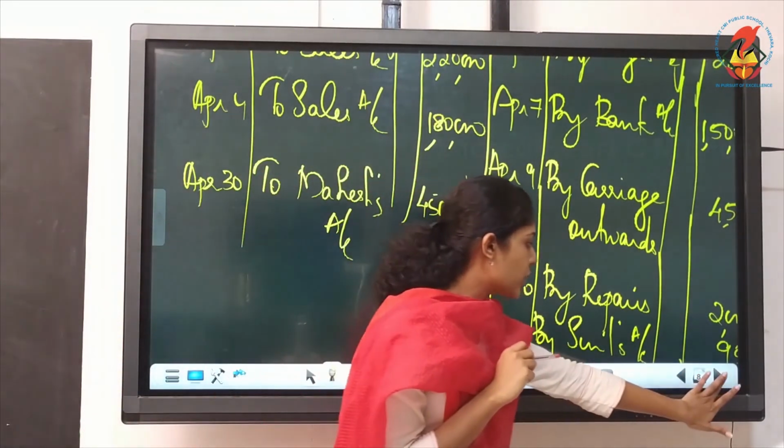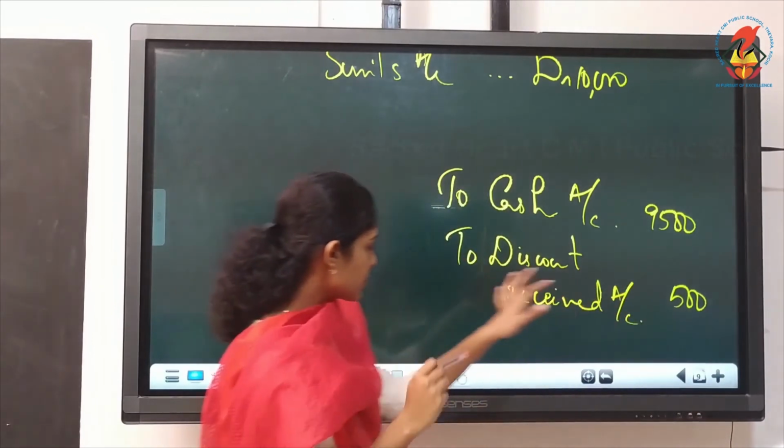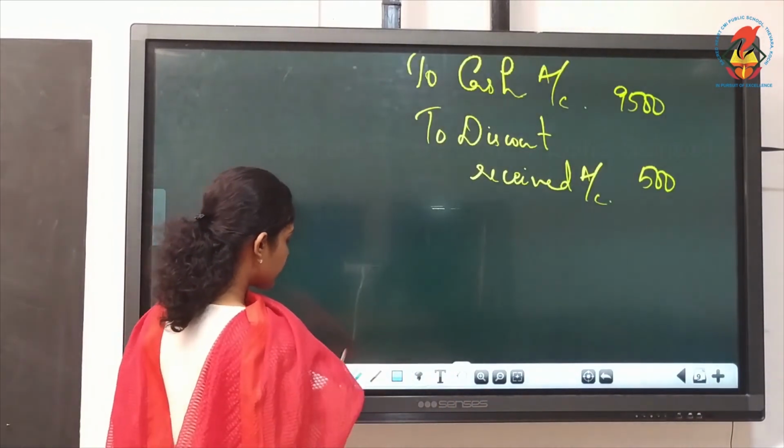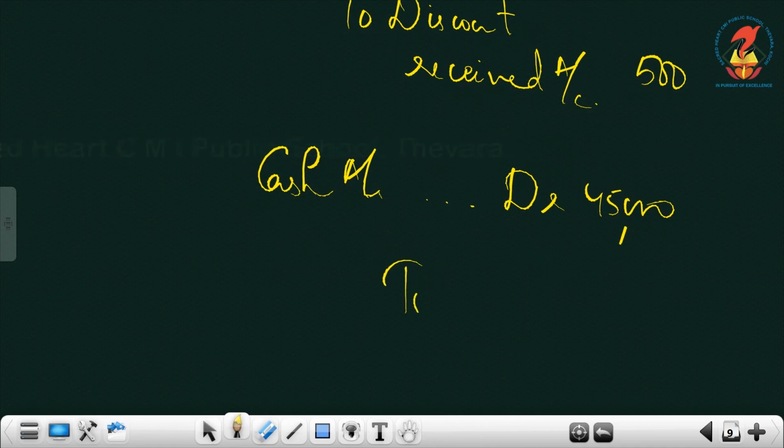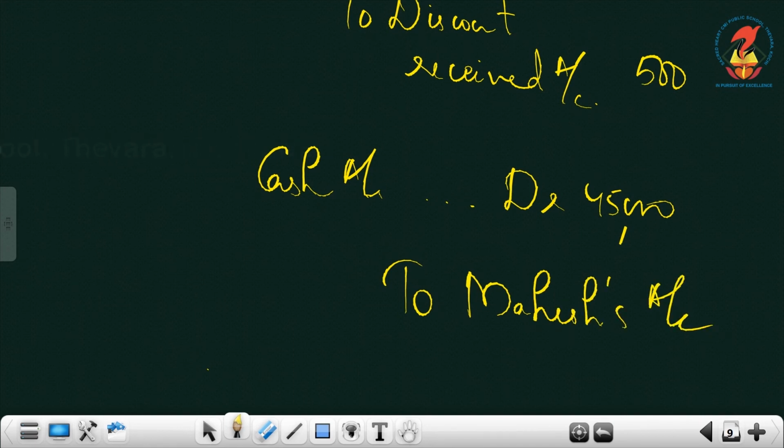So this is how you have to do the posting. If you want, I'll show the journal entry for you to understand it clearly. You received cash, no? So cash should be debited. How much did you receive? 45,000. So that must be written against cash. To, from whom you are receiving? Mahesh. So to Mahesh's account, then there is discount also, which should be debited because it is discount allowed account.